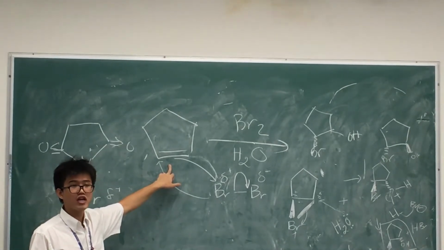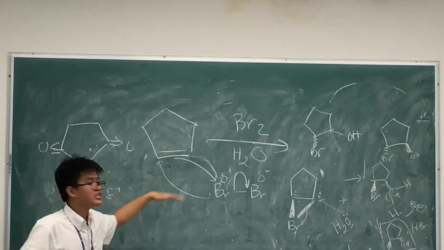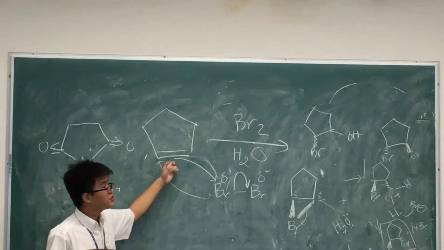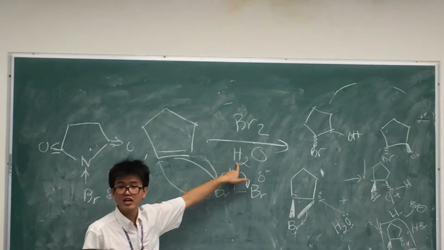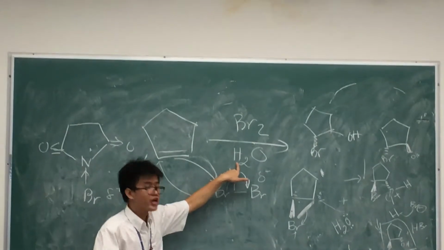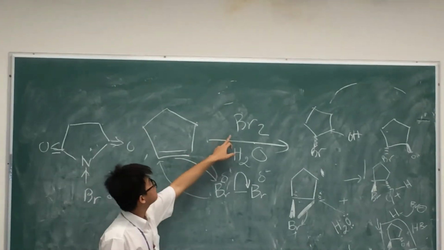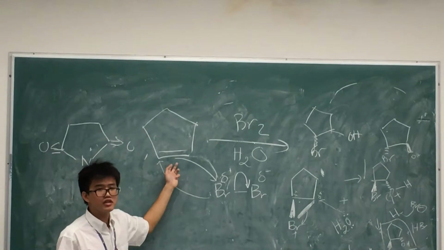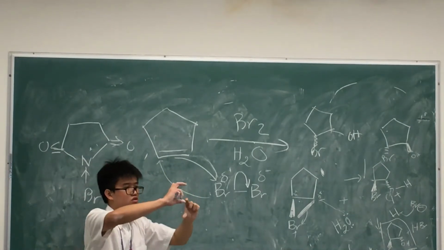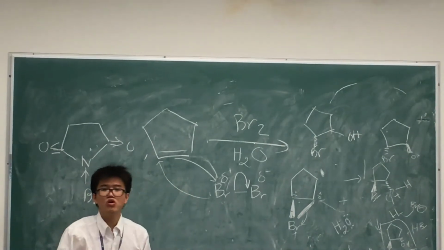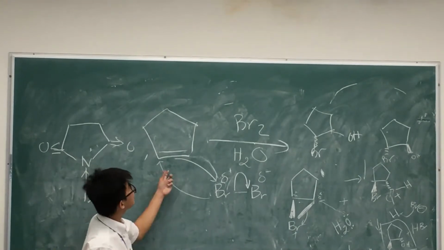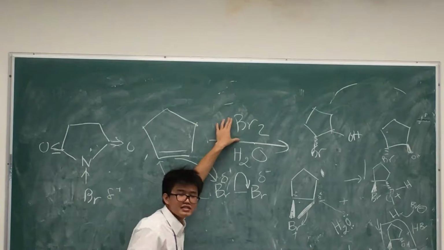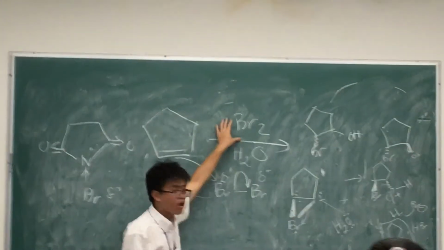Really hydrophobic, right? So in your lab, this works really well on paper. But in your lab, this one is hydrophilic. It dissolves in water, right? But this one needs to be dissolved in water, and this one is not dissolved in water. So you will form 2 layers. It won't react with each other. So you need to have something donate the positive Br, but it's in the organic solvent.